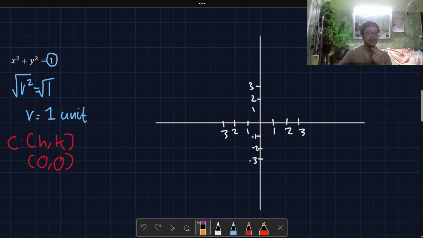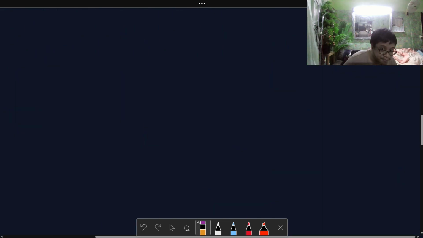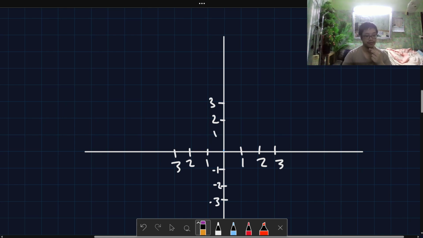Okay, so now we found the radius and the center. What are we going to do? We graph it out. The first step here is for you to find the center. Where is the center located? According to your center, it's 0, 0. So here, your x is 0 and your y is 0.